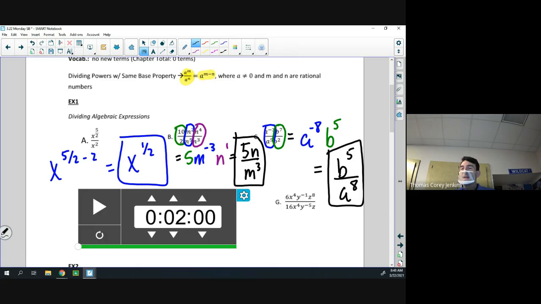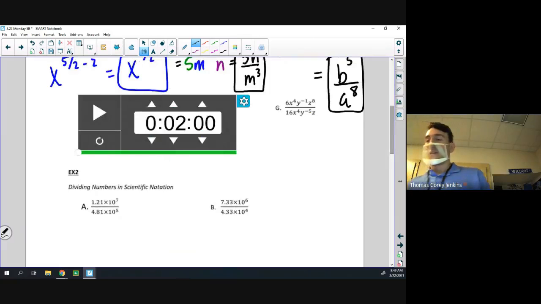All right, let's just do one more together, and I'll have you try a few on your own. I'm skipping down to G. I'm going to leave those other couple for you. My coefficient is going to be 6 over 16. If I type 6 divided by 16 in my calculator, it's going to give me a decimal.